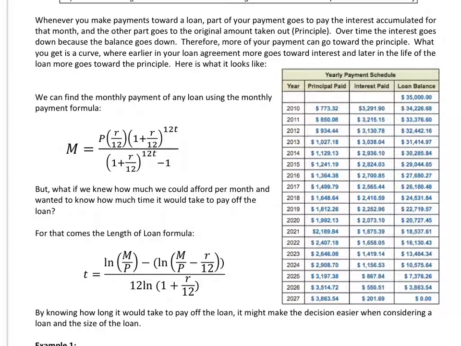But it's not, because during that year, over $3,000 in interest accumulated. $3,291 had to go to pay interest. So that whole year of paying $4,000, only $773 actually went towards the balance of the loan. It's sort of disheartening when you think of it that way, but that's the way the loan works.